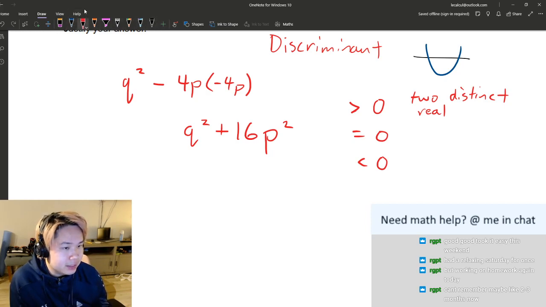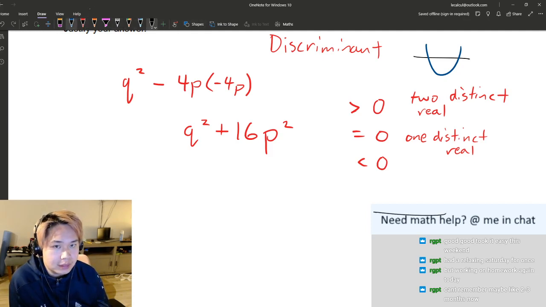If it's equal to 0, then it has one distinct real solution. So if you were to graph it, it only touches the x-axis once.